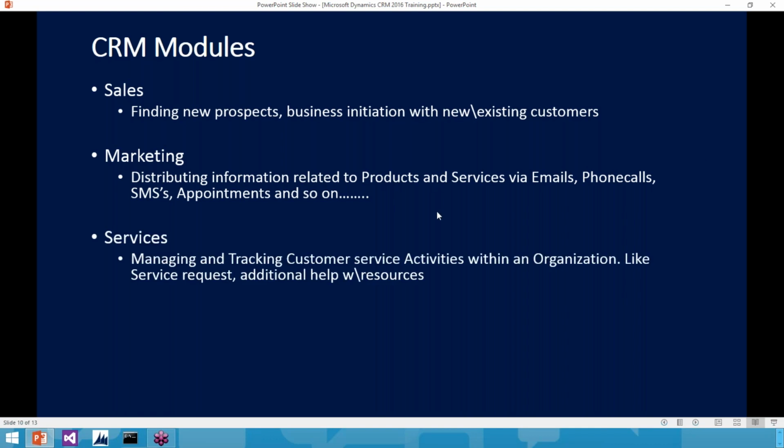Services. So once you start a business, once you are in a relationship with the customer, then you need to provide them services, ongoing services, and maintenance of service. So during this maintenance, ongoing service relationship, there will be a lot of complaints, questions, concerns, additional help, service requests. All this will come into play. All this goes back into CRM.